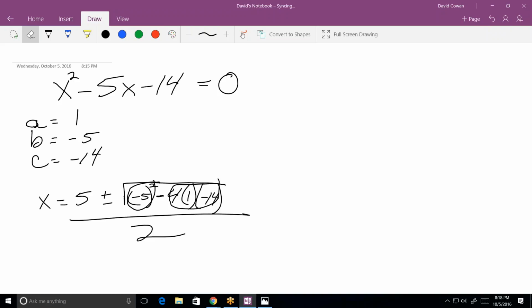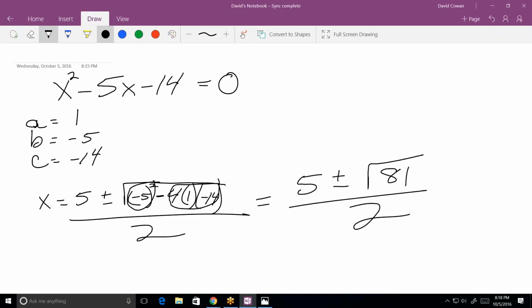Don't include that negative sign when you're calculating the product of those three numbers. You have to include this negative sign, but not this one back here. So what do we have now? We have x equals 5 plus or minus the square root of 81, all over 2.